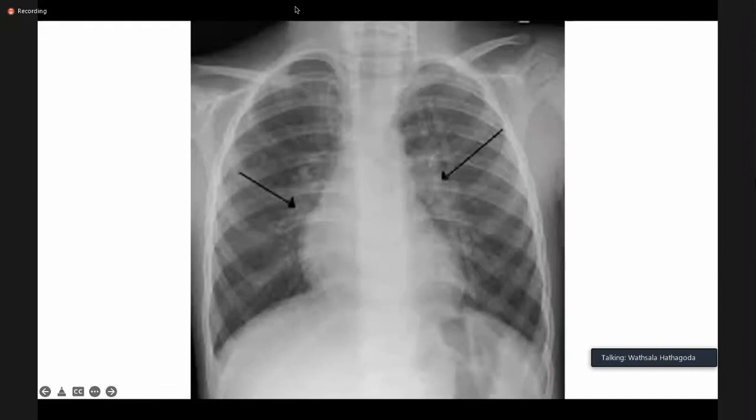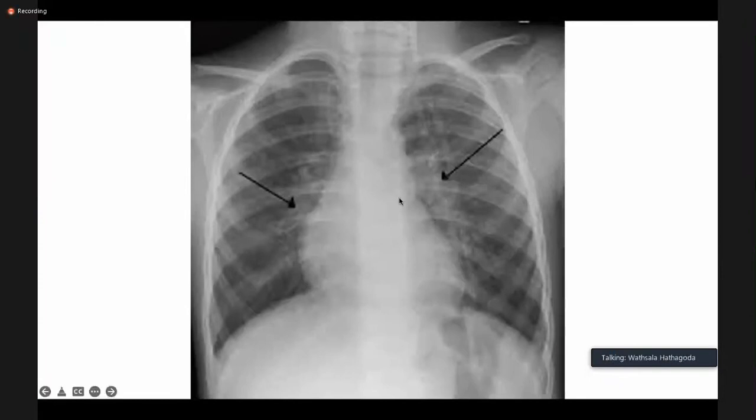So what would you see in bronchiolitis? Inflammation of the bronchioles. Yeah, okay, good. So it's the inflammation of the bronchiole. So what would you expect to see in the X-ray? What can you see in this X-ray?